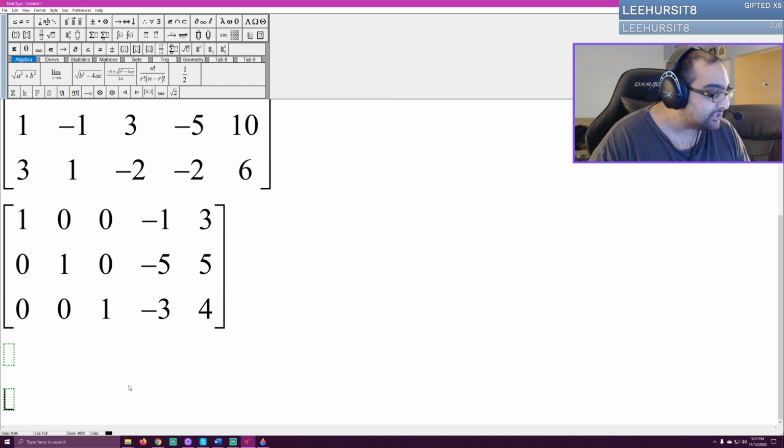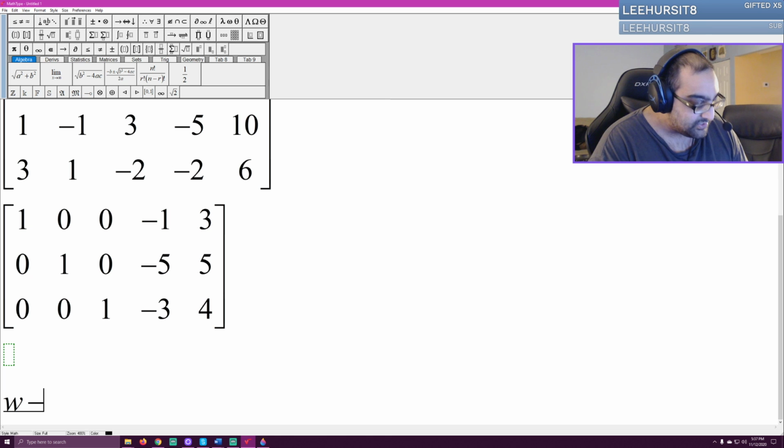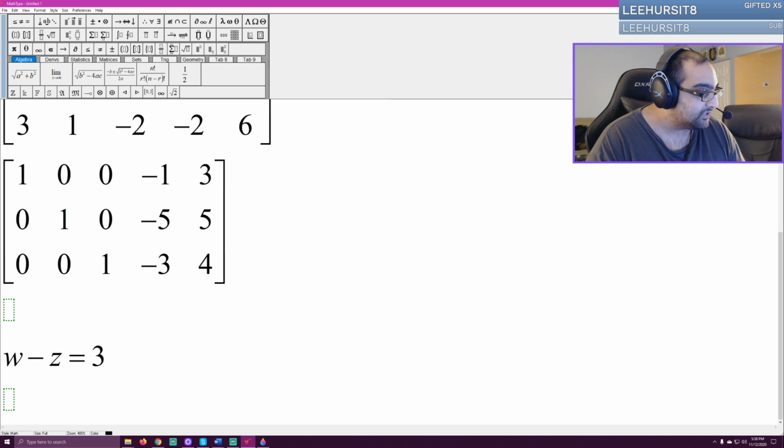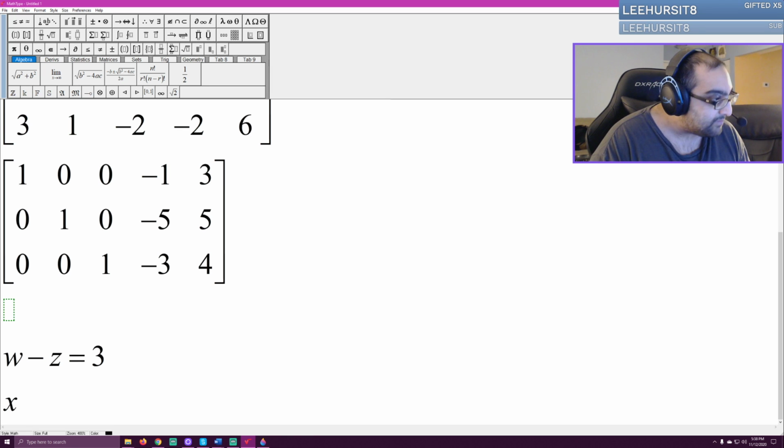So the first one that you see there is w minus z equals 3. So that's what you have there first. w minus z is equal to 3. The next one here, you have x minus 5z is equal to 5.